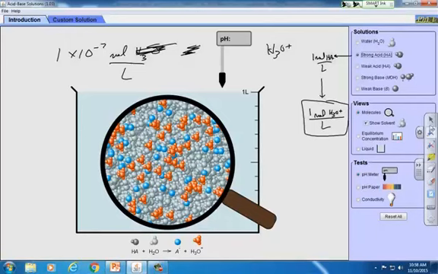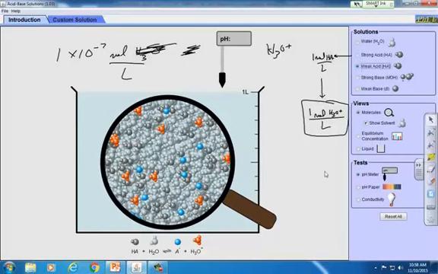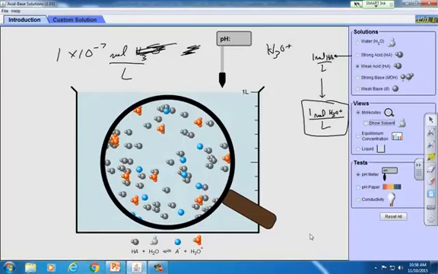If I'm dealing with a weak acid, what do I expect to see? I expect to see much less H3O plus. Right? So here, let me get rid of the water for a second. The water molecules here maybe just clutter things up a little bit.